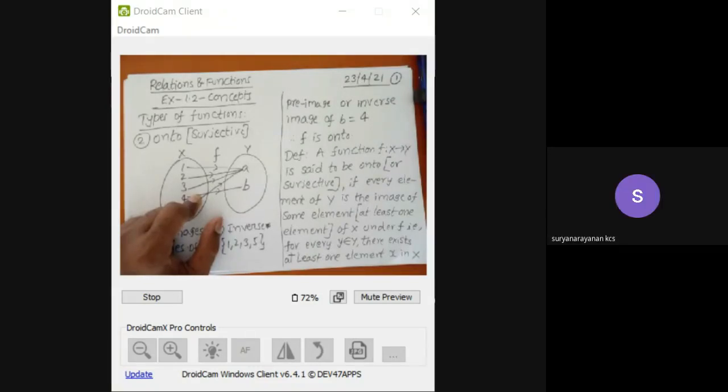F is a mapping from X to Y is said to be onto or surjective if every element of Y is an image of some element, at least one element of X under f, that is for every y belongs to Y, there exists at least one element x in X.